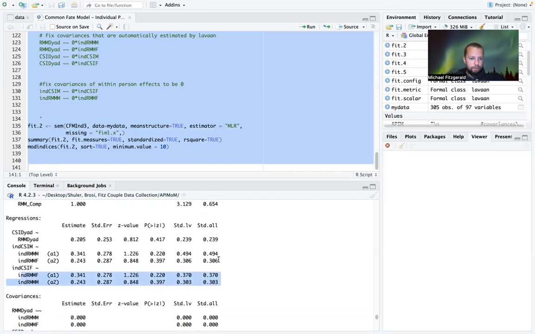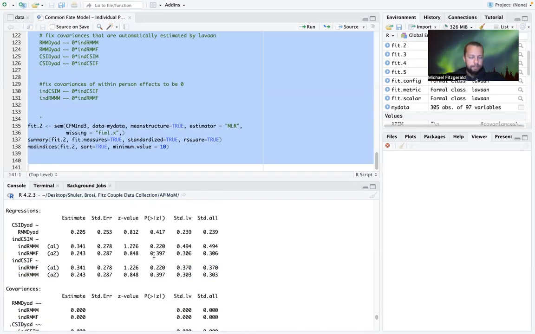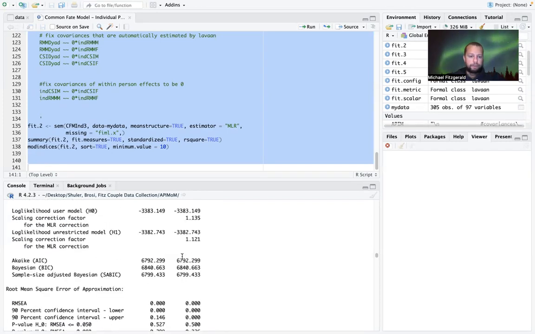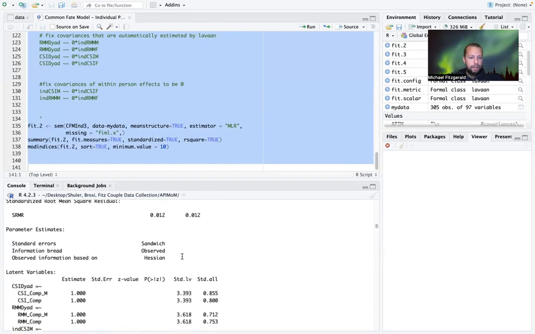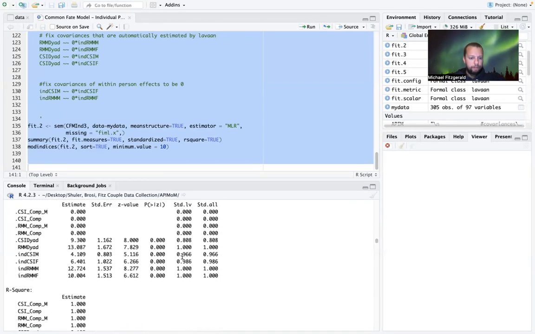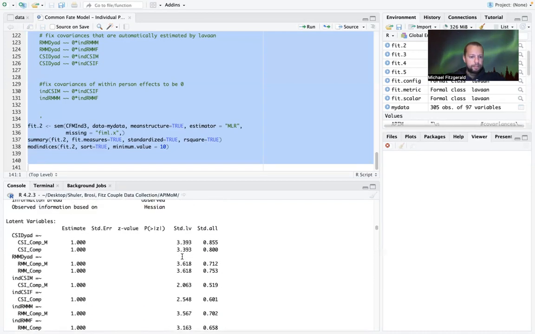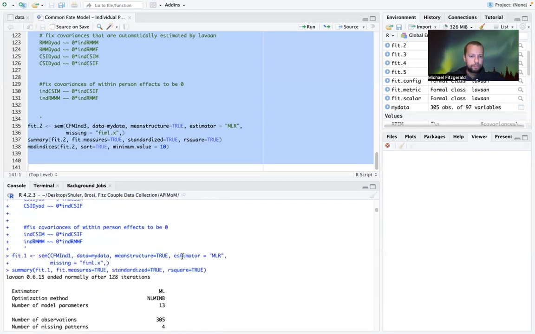What we'll notice is that these effects are constrained to be equal, and now they are nowhere near significance. If you recall from the previous model, we can actually go up, we had the effect sizes of those within person parameters.